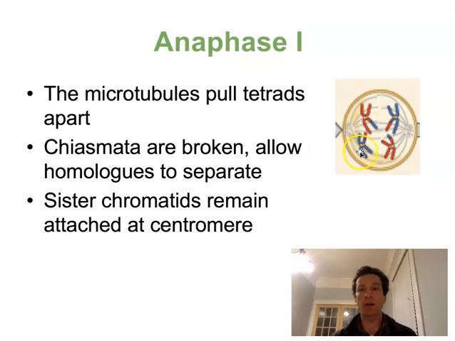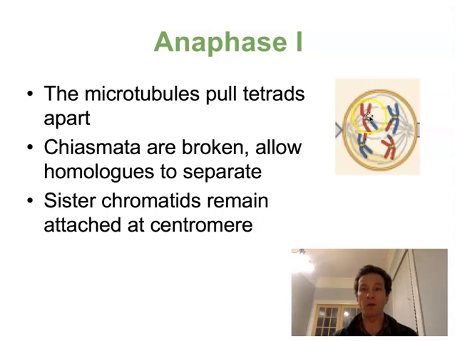Remember, sister chromatids are still attached to one another. You can see that here, and then also here, and on these other two chromosomes. That's why there are 4 arms instead of just 2 on each of these chromosomes. But now at this stage, the homologs are going to break apart.